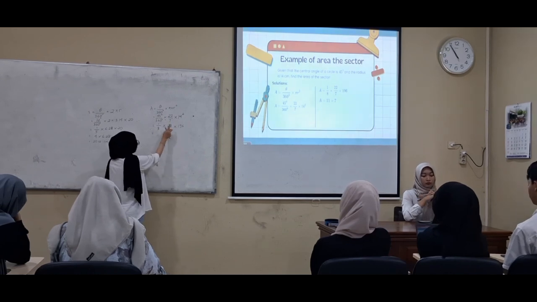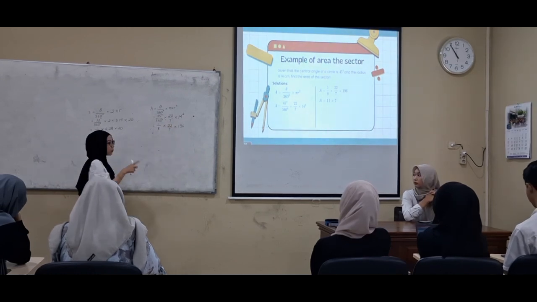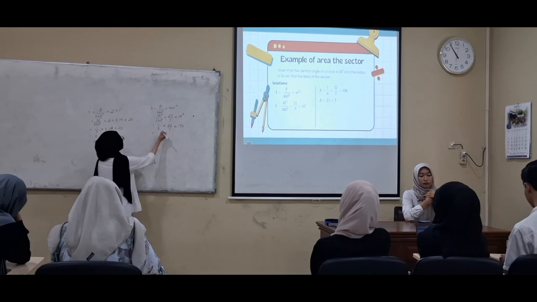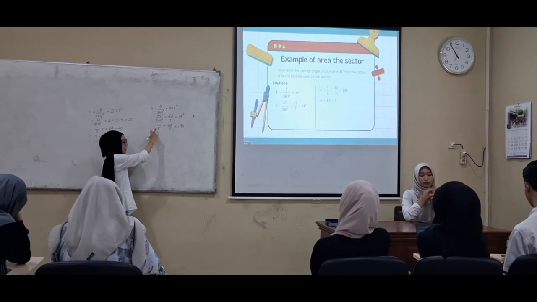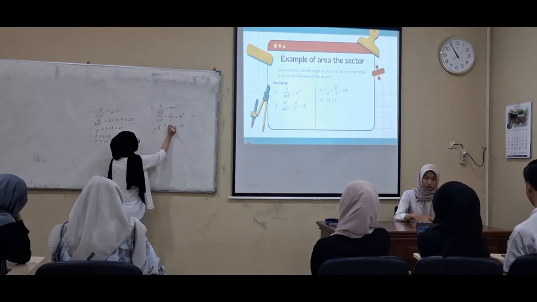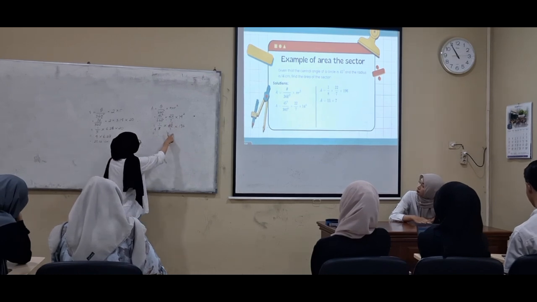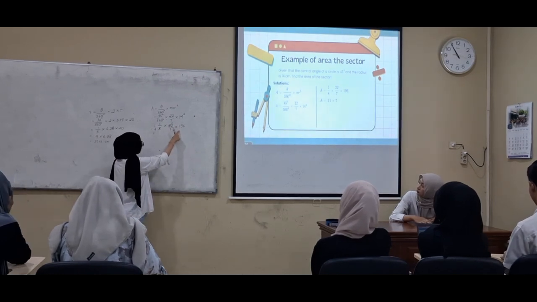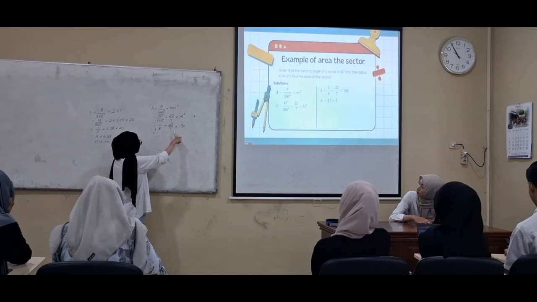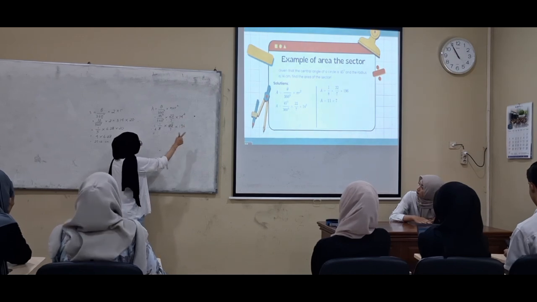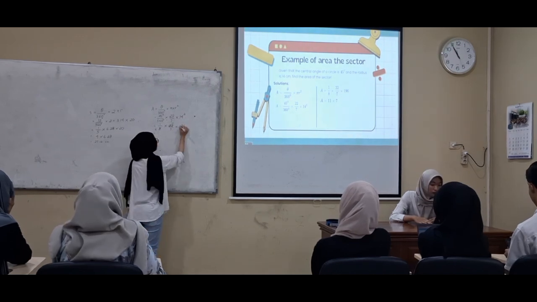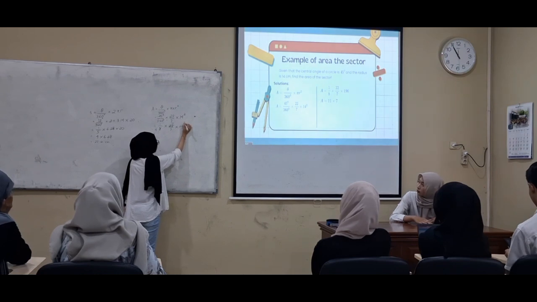Next, simplify it. 1 over 8 times 22 over 7. 8 and 22 can simplify. Divided by 2. 8 divided by 2 is 4. 22 divided by 2 is 11. And then 196 divided by 7 is 28.